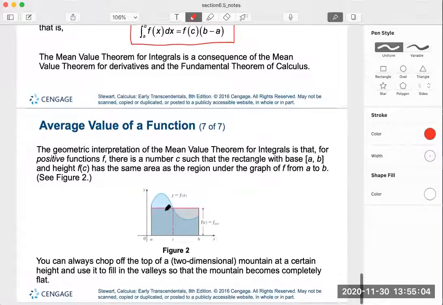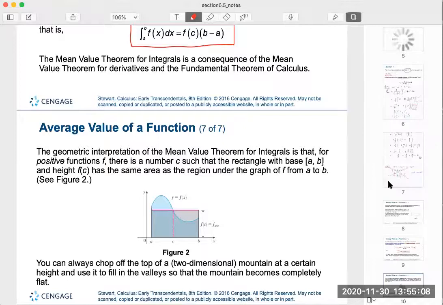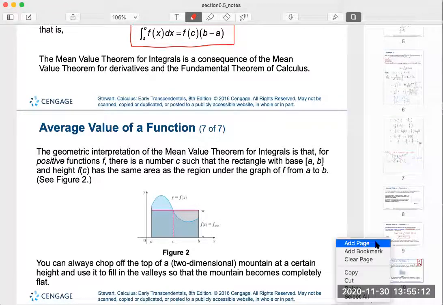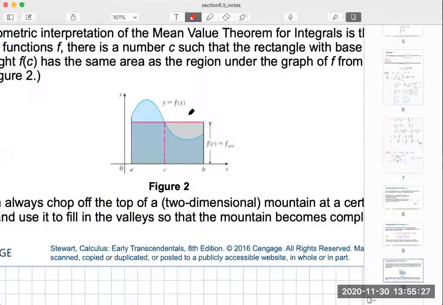Geometrically, you can imagine this. Okay, this is the function f on the interval from a to b, then the average value of this is the purple line here.